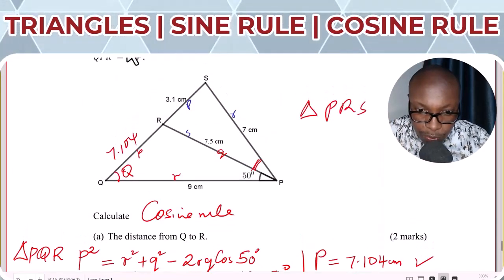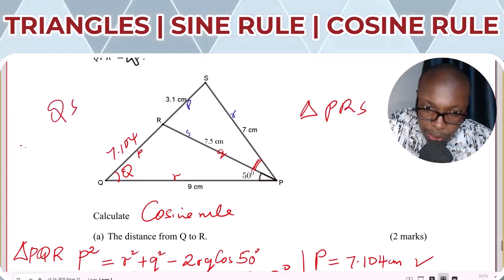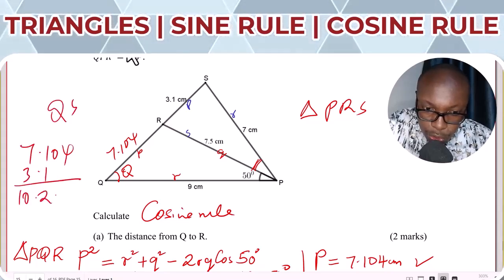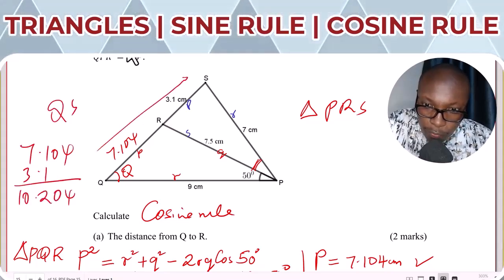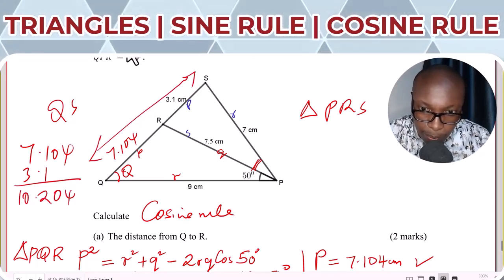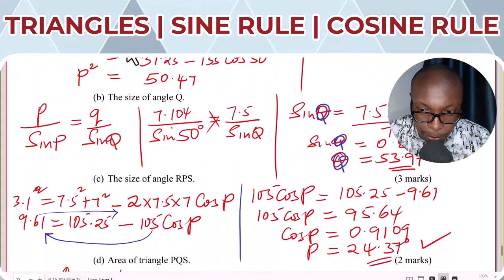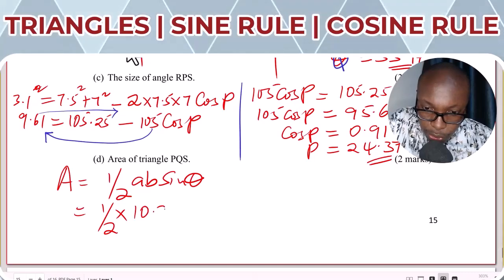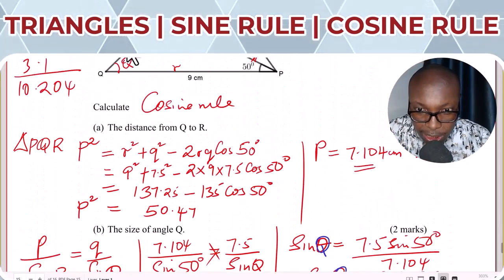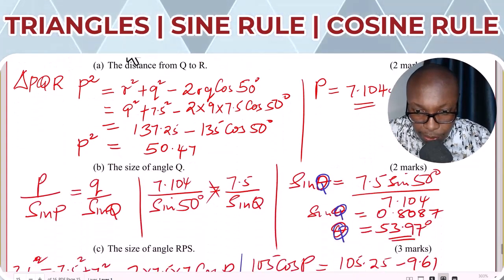The first side, I want you to be very keen here. The first side is QS. QS is 7.104 plus 3.1. This will be 10.204, the whole of that length, that is QS. Then 10.204 times the other side next to the given angle. The other side is QP, which is 9.